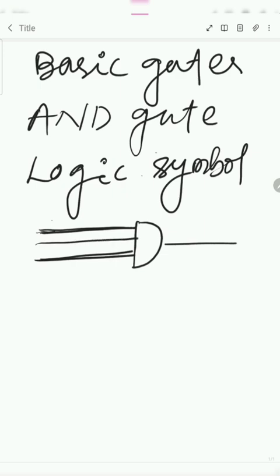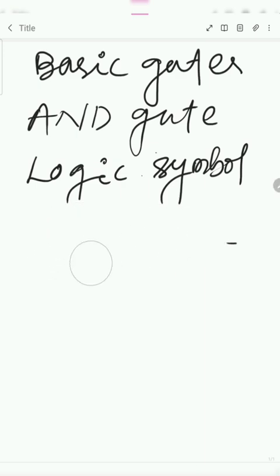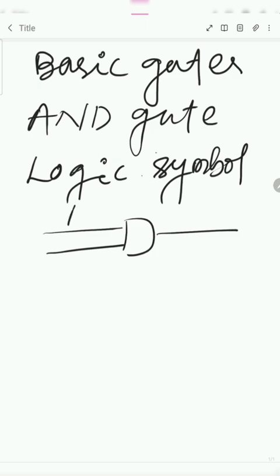Here we use a two input AND gate, with two lines. We name the inputs A and B, and the output Y.